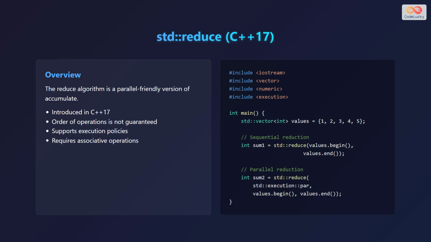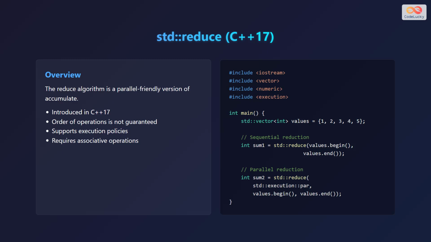Include iostream, vector, numeric, and execution headers. In the main function, create a standard vector of integers named values, initialized with values 1, 2, 3, 4, and 5. To perform a sequential reduction, declare an integer variable named sum1 and assign it the result of std::reduce, passing values.begin and values.end as arguments.